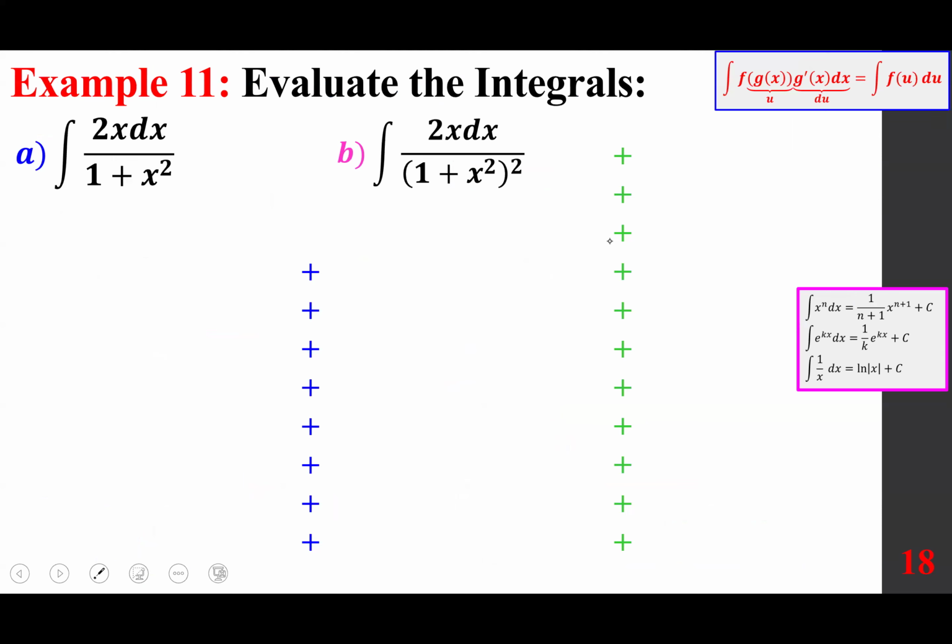Now, again, I thought it's worth looking at these two questions side by side. Both of them have a denominator and a fractional format. More specifically, we are dealing with a rational function. The first step is to simplify. We can't, in which case the denominator is a choice of u. If u is 1 plus x squared, du dx is 2x. Therefore, du is 2x dx.